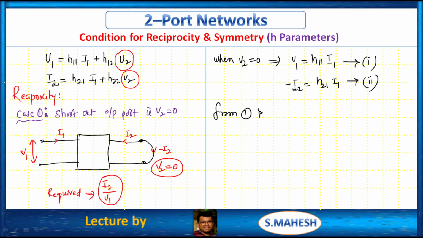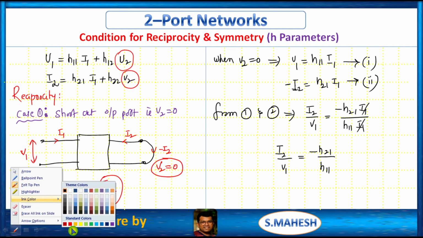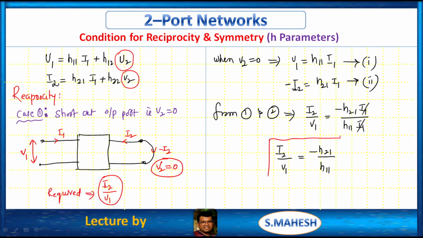From 1 and 2, I2 by V1 is minus H21 I1 by H11 I1. I1 gets cancelled, therefore I2 by V1 = minus H21 by H11. This is the ratio of response to excitation from case 1. Case 1 completed. Next, case 2.